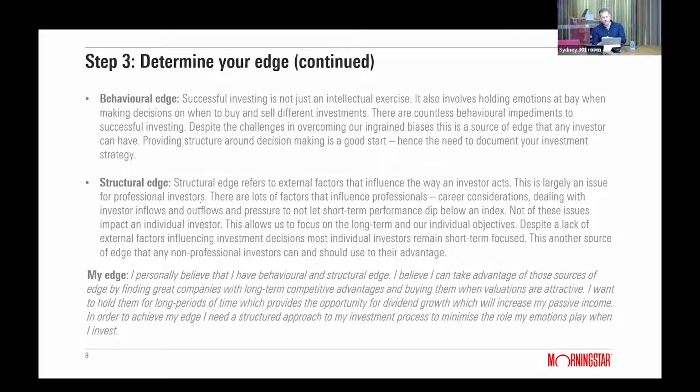Now, one very important point to make is if I've gone through this list and all of a sudden you say, well, I don't think I have any of that, that is okay, right? What that means is that if you don't believe you have the ability to have information someone else doesn't, or analyze that information better, or if you're worried about behavioral risk, constantly switching your portfolio into better investments, become a passive investor, truly a passive investor, not this passive investing where we're constantly trading and adjusting asset allocation.